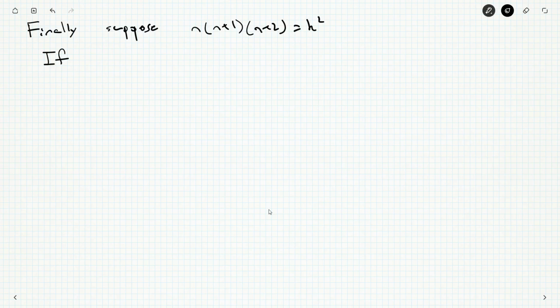So if n is even, so is n plus 2, and n plus 1 is odd. So both n and n plus 2, one of them is a multiple of 4 and the other one is not.